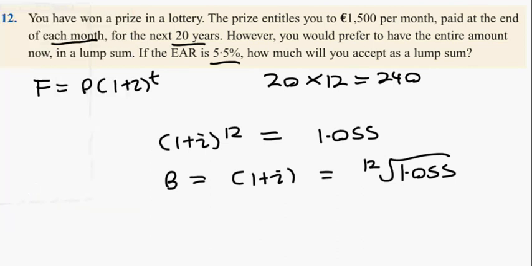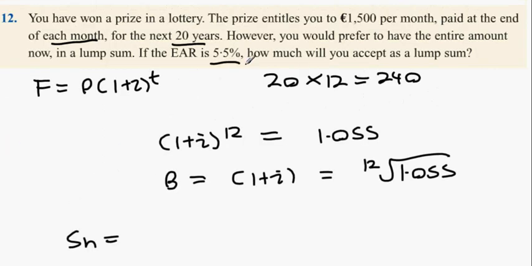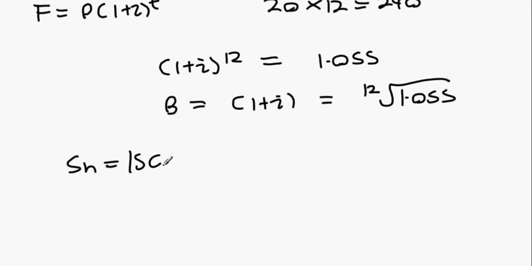Now this is a geometric sequence where Sn equals, so it's our last value. Our last value is going to be €1,500 per month paid at the end of each month. So this €1,500 has no time to accumulate value. The 1,500 before it, our second last payment, accumulates 1 month of value.